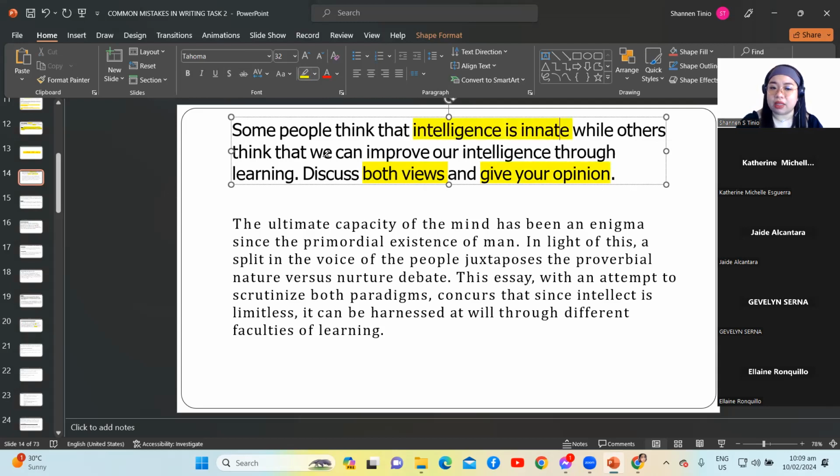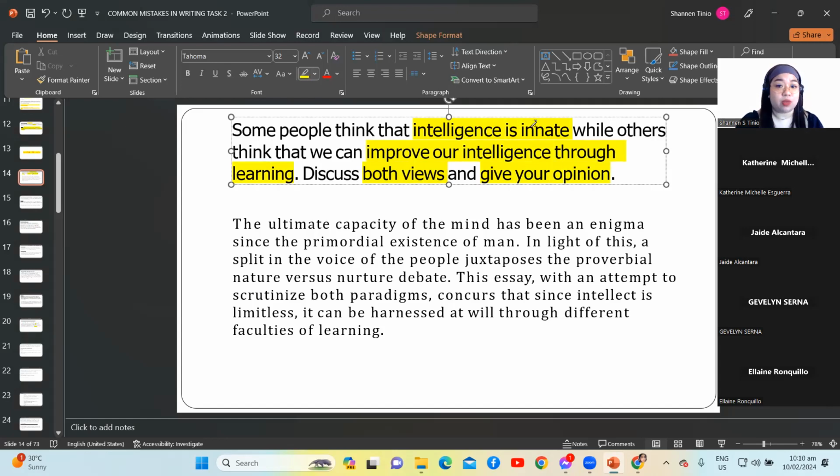While others think that we can improve our intelligence through learning. Agree ka daw ba na ang talino ay natural sa isang tao? Or do you think na talagang kaya lang tumatalino ang isang tao is because may opportunity, privilege siya to be exposed in environments that help the learning process?